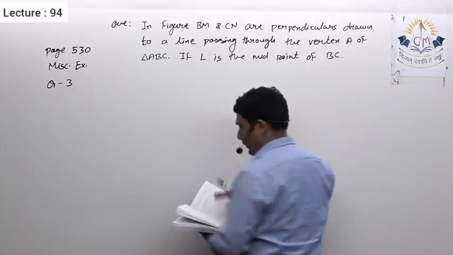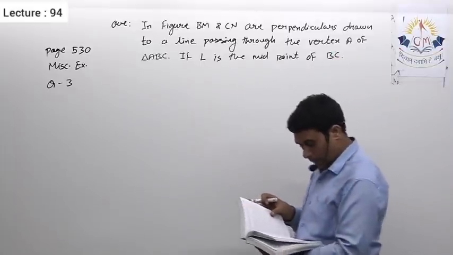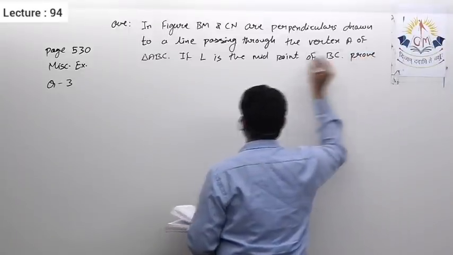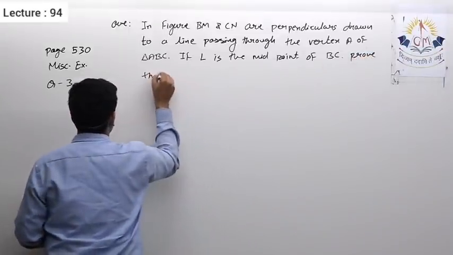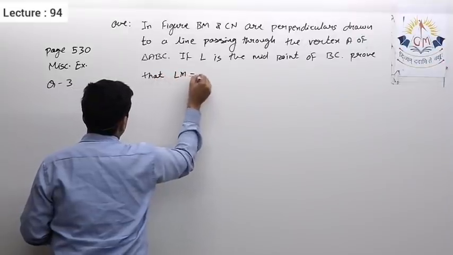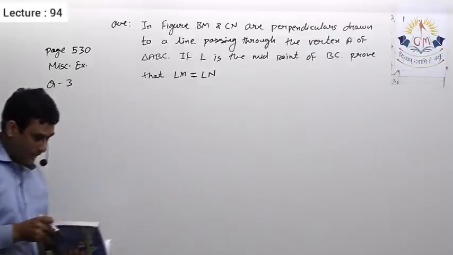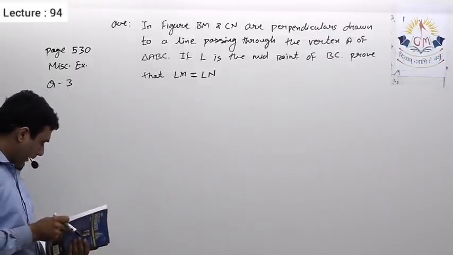If L is the midpoint of BC, prove that LM is equal to LN. Prove that LM is equal to LN.